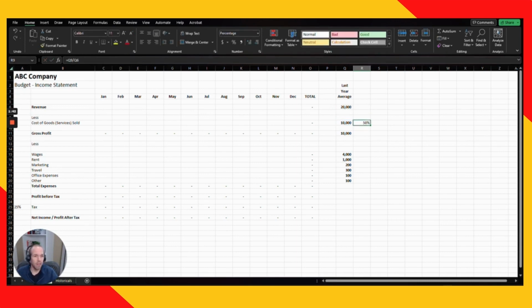So again, back to that pizza example, for every dollar of revenue you make, you're typically spending 50 cents per dollar in ingredients that go into those pizzas. And then you've got the other last year averages of major expenses.